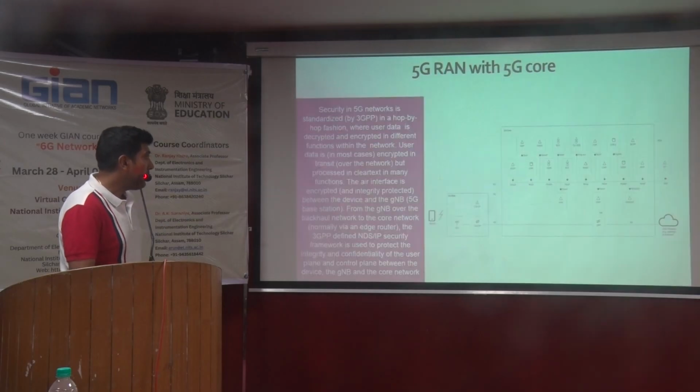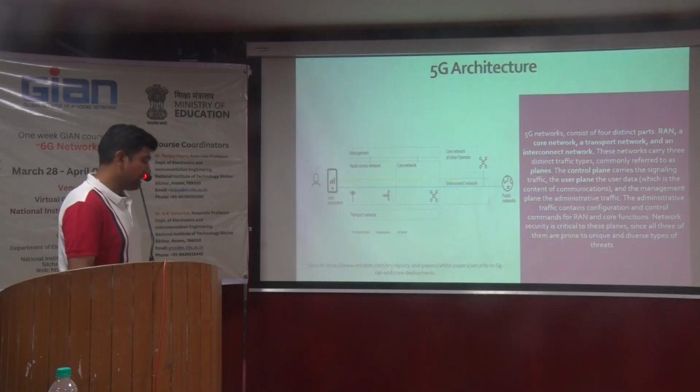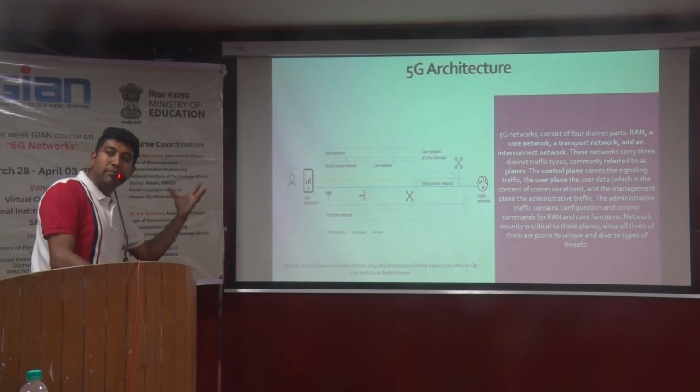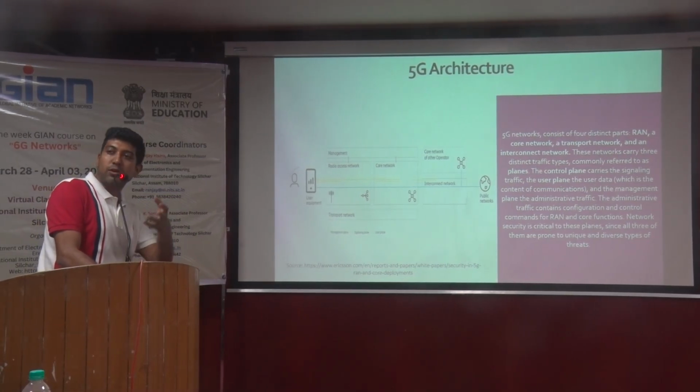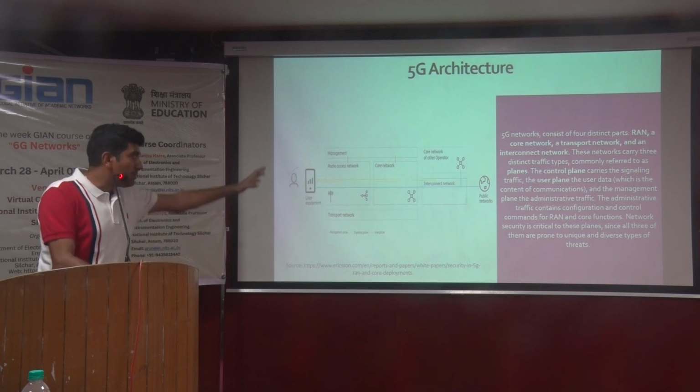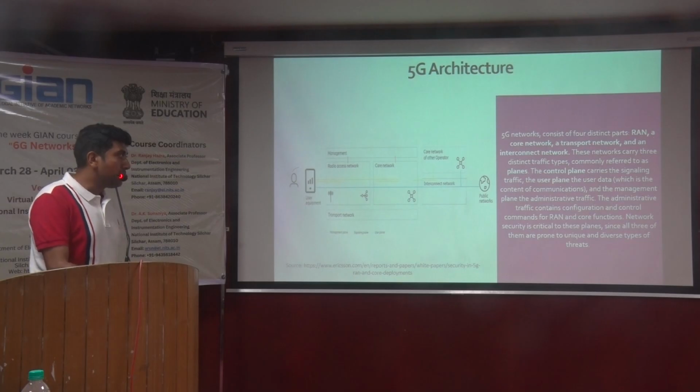The core network is the most important part of any 5G architecture, because it controls the entire architecture, right from the subscriber information to the amount of traffic it can carry and the data rate. Everything is controlled by this core network.